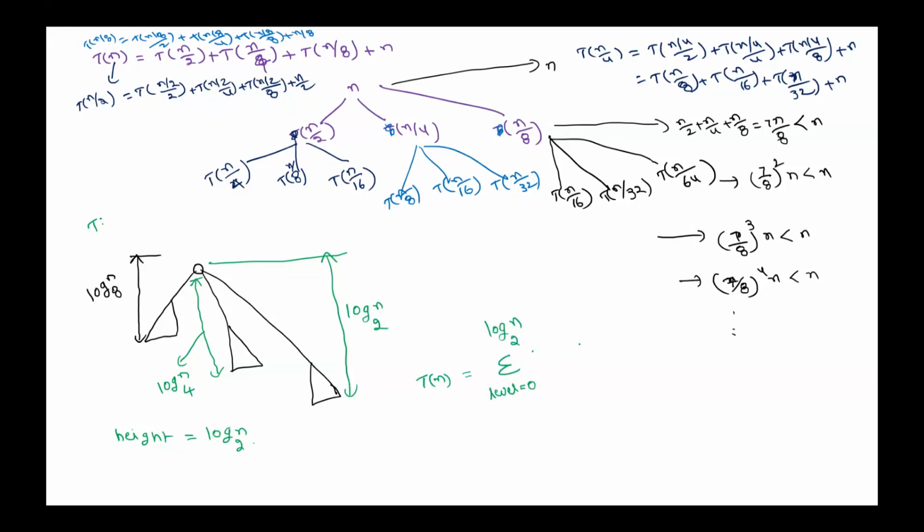What is the amount of work? 7 by 8 whole power level into n. Is that correct?